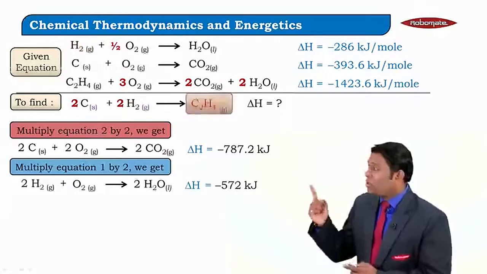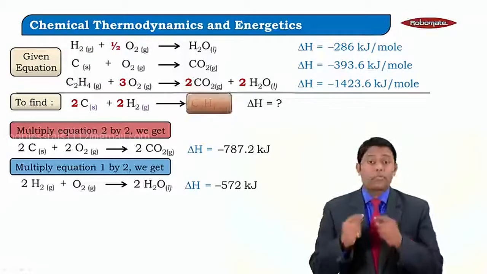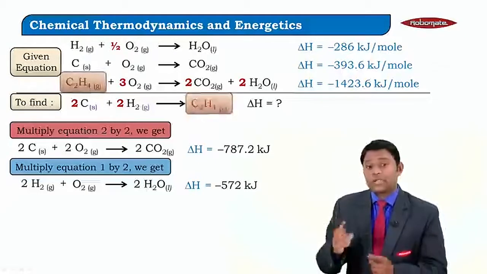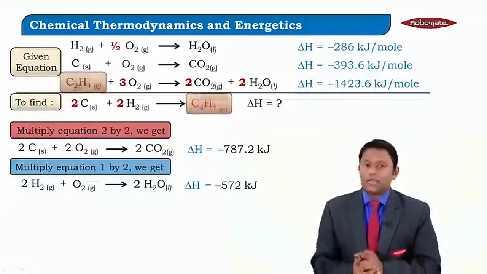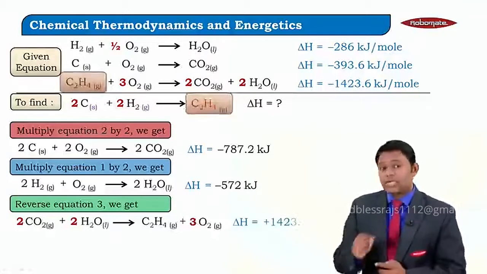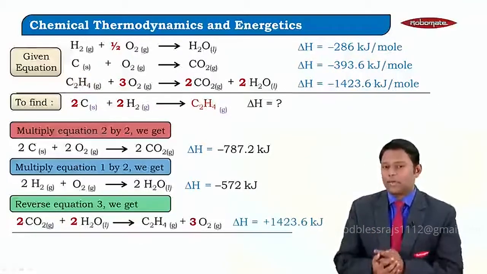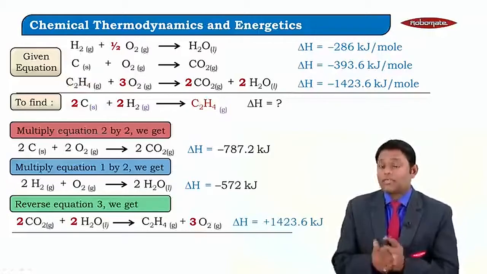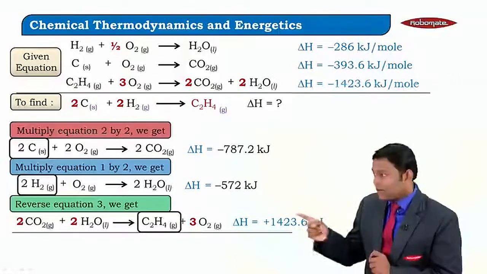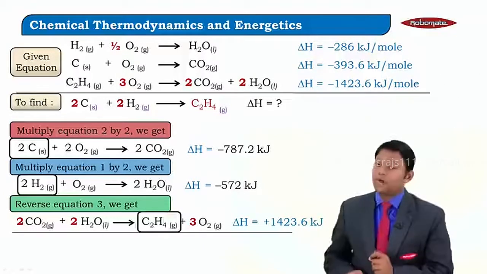Now we are left with only one ingredient, that is C2H4, but we require it on the product side, and C2H4 is present in equation number 3 on the reactant side. So we have to reverse the equation, and reversing the equation, the delta H value is also reversed. What we want is 2 times carbon, 2 times hydrogen, and 1 time ethylene.